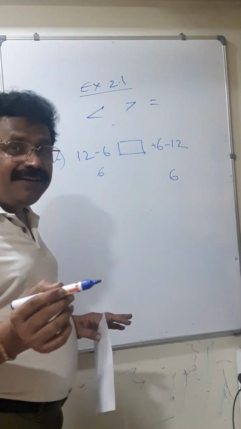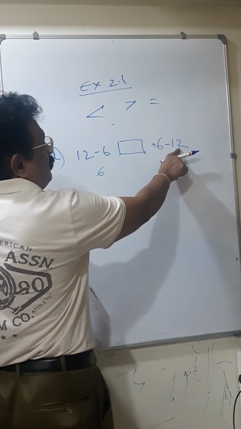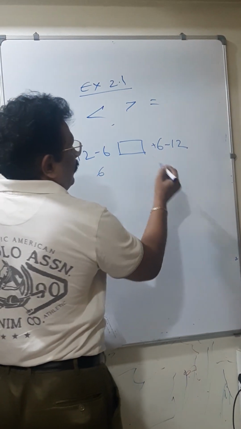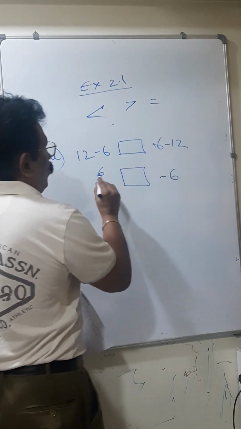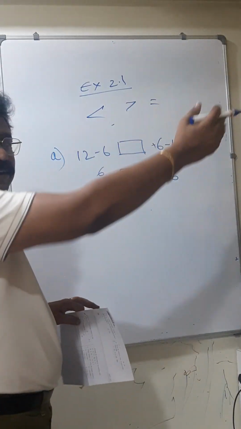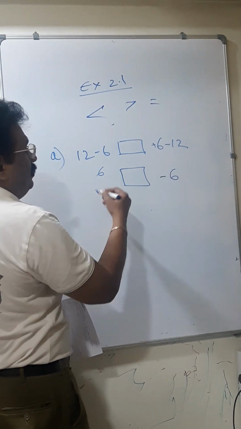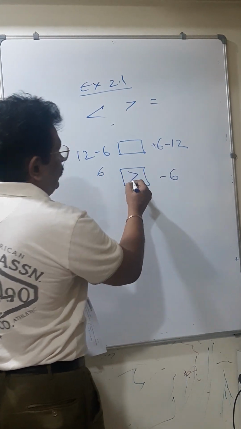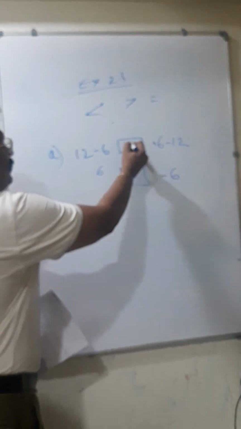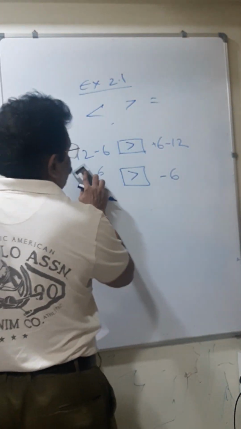And which sign to put? The sign of the bigger number. The rule says the bigger number is 12, its sign is minus. So now, what is 6 and minus 6? Naturally 6 is to the right of minus 6. 6 is bigger. Moreover, it is a positive number and the other a negative number. So 6 is greater than minus 6. So first answer is greater than.